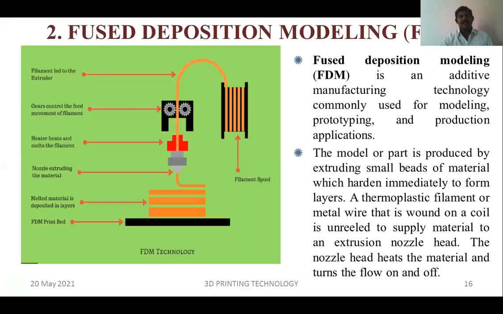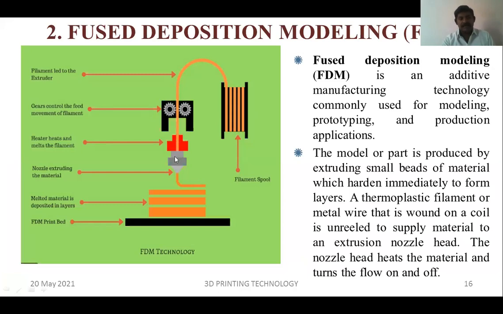Let's see the second major part, that is fused deposition modeling. Fused deposition modeling consists of a filament spool and filament, and here a gear controlled feeder is available, and the final part is a nozzle.